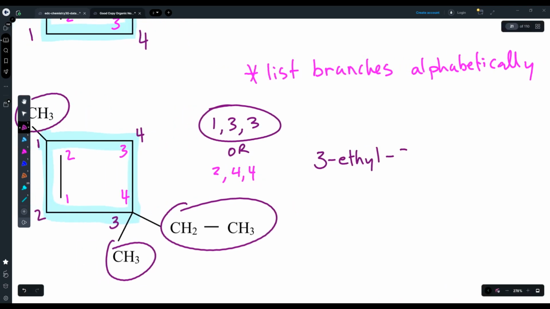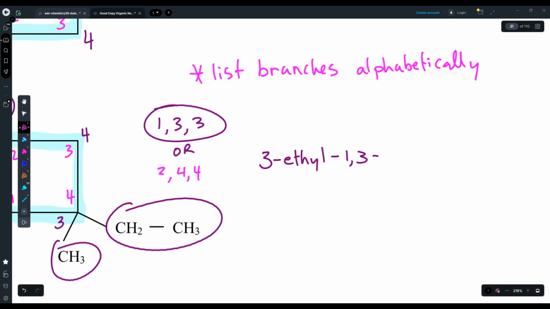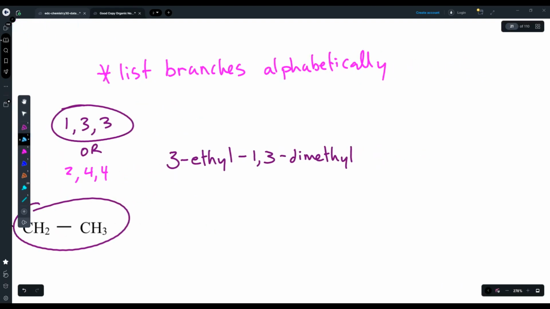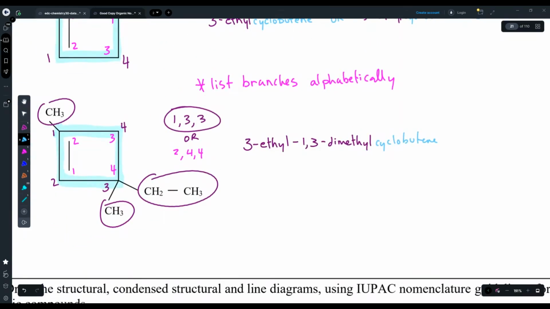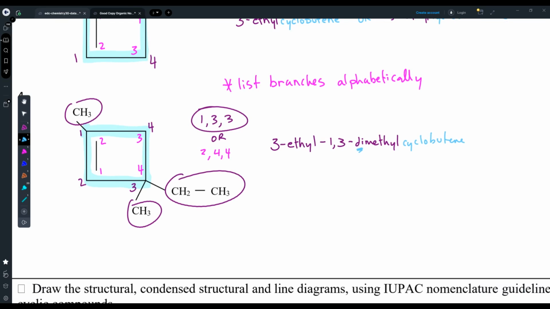So whatever you do, don't go 3,1-dimethyl. You need to list it as 1,3-dimethyl, and then that's going to be cyclobutene. Just remember that the di is pretty easy to forget when you have a total of 2 branches of a certain type.